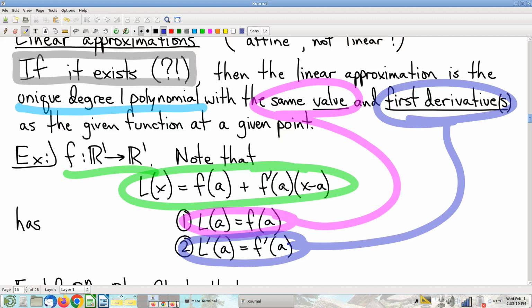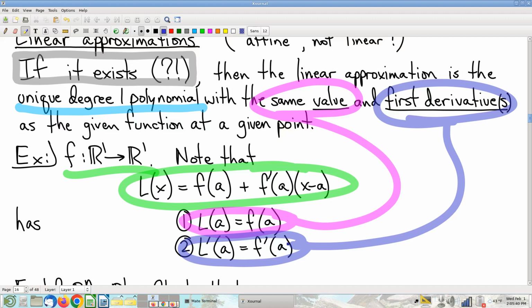You might say this linear approximation in green here is, in terms of value and derivative, just mimicking the function. It's doing its best to impersonate the original function f. Y'all okay with that? That sound familiar? Okay.